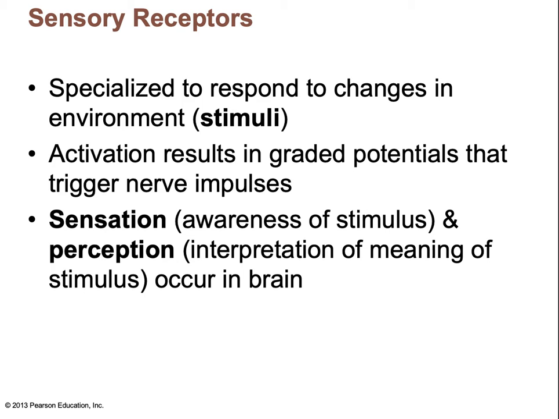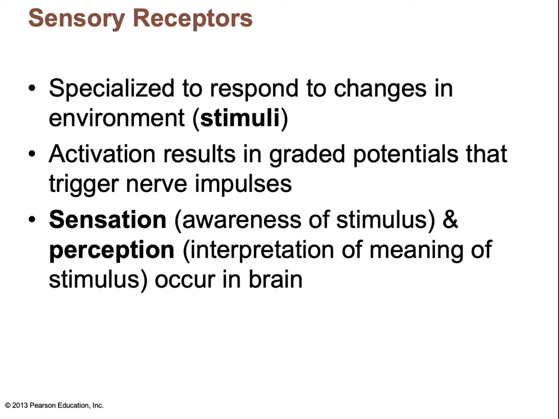Okay? So, sensation and perception are going to occur in the central nervous system. In stuff that we're consciously aware of, sensation and perception happen in the cerebral cortex. Okay? In stuff that we're unaware of, all right, sensation and perception are terms that don't really have an application because this is below our conscious awareness.